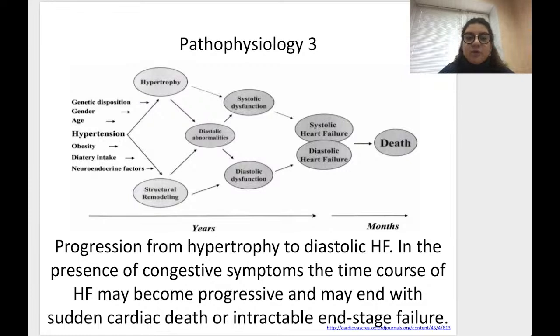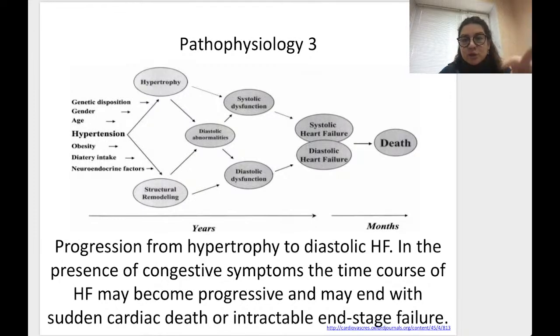Progression from hypertrophy to diastolic heart failure is shown in this picture. In the presence of congestive symptoms, the time course of heart failure may become progressive and may end with sudden cardiac death or intractable end-stage failure. You see that over years, over a long time, all these factors like hypertrophy, hypertension, and other risk factors like genetic predisposition, gender, age, obesity, dietary intake, and neuroendocrine factors lead to hypertrophy and structural remodeling.